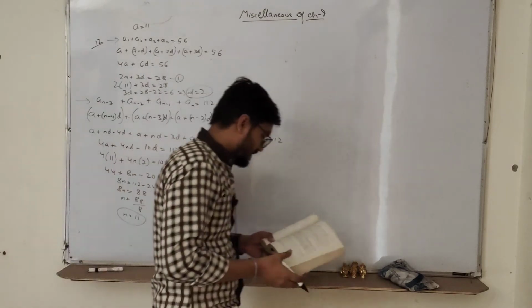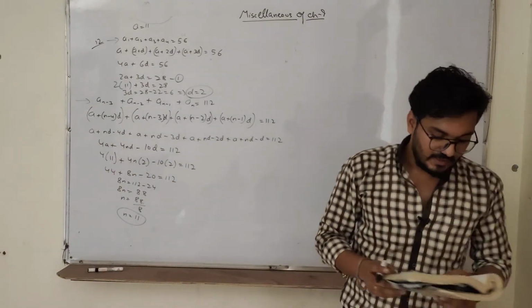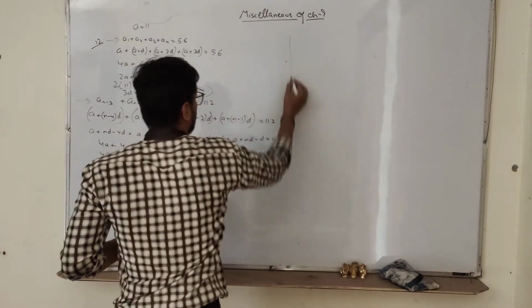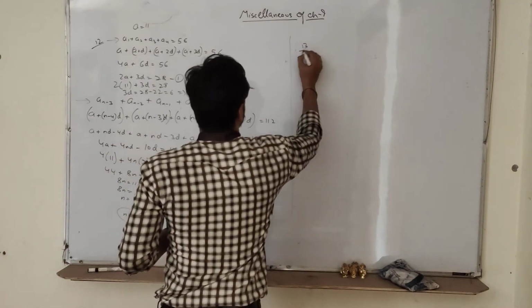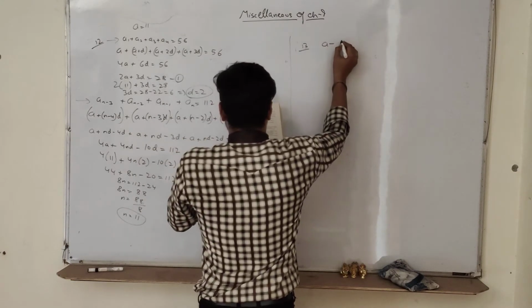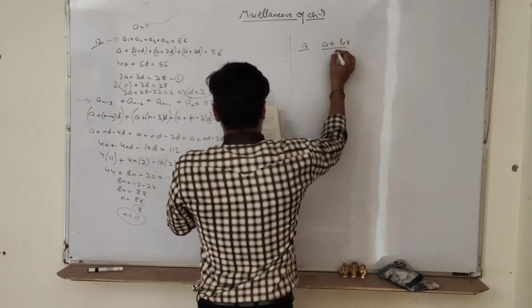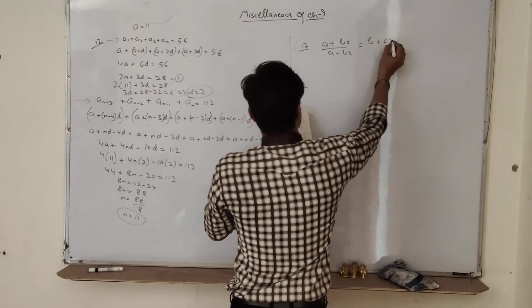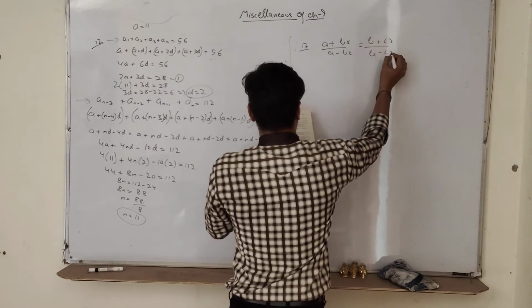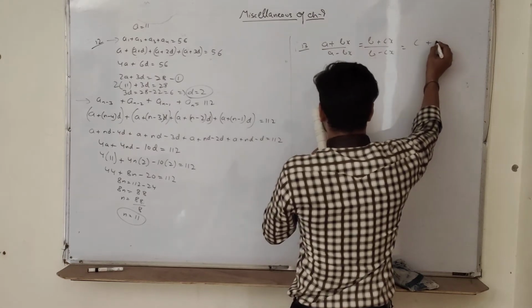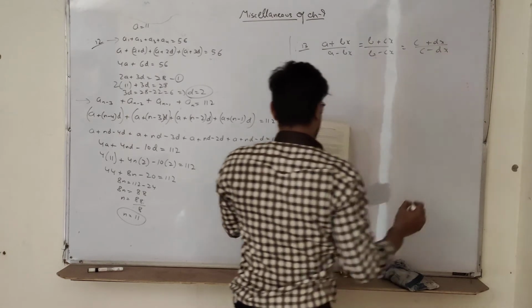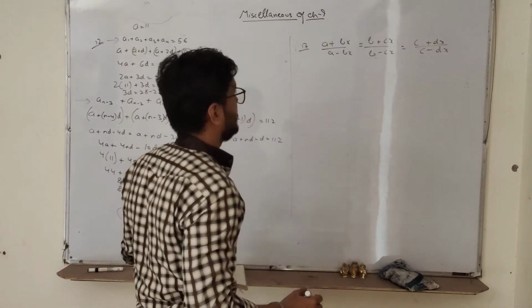Next we have question number 13. If a plus bx upon a minus bx is equal to b plus cx upon b minus cx is equal to c plus dx upon c minus dx, show that a, b, c, d are in GP, right?